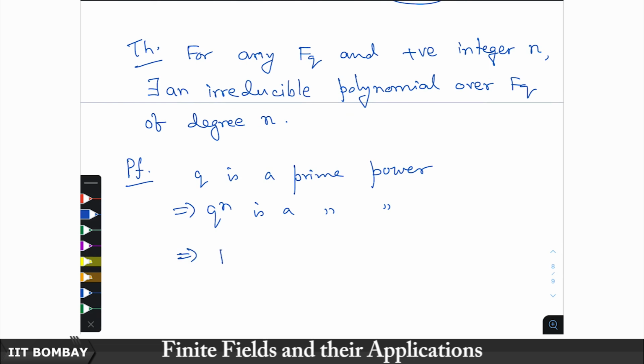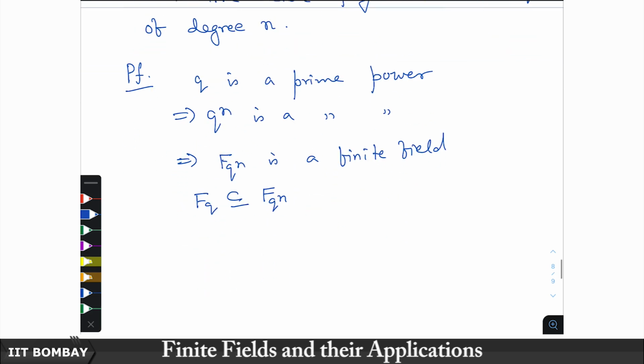So F Q power n is a finite field, unique up to isomorphism, and it is an extension field of F Q, because Q divides Q power n. So F Q is a subfield of F Q power n.